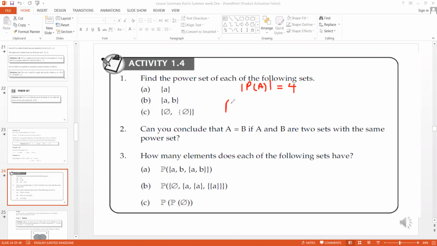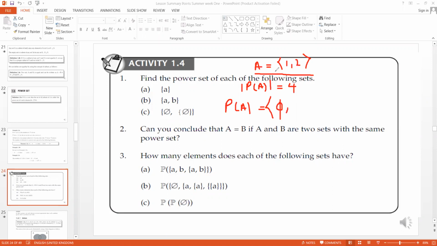Now let's list the elements in the power set. Your original set is just 1 and 2. When you are listing it, the power set only contains subsets, okay? And the empty set is a subset of every set. So one of the subsets of A is the empty set.